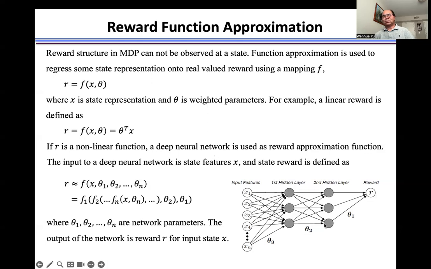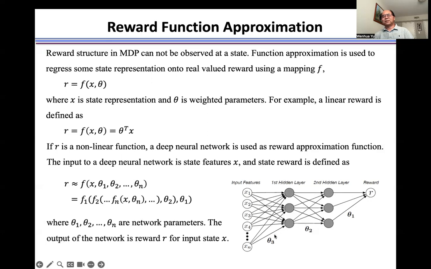Because we use a deep neural network, we can describe the very complicated relationship between the input state and the reward function. However, we cannot just use this reward function to determine the model parameters theta, because in reinforcement learning, the reward function is related to the agent policy. So we need to combine the reward R and the agent policy together to determine the model parameters theta.